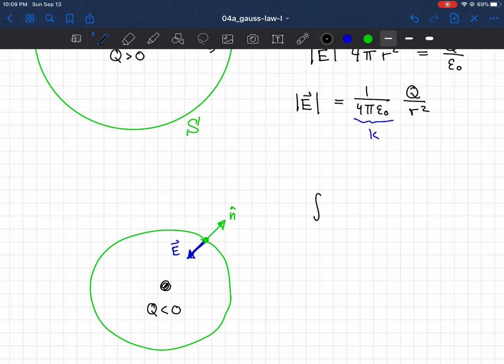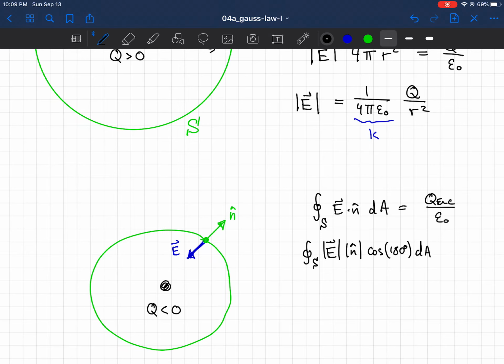So when I do the calculation again, I get that the integral of E dot n dA, which is equal to q enclosed over epsilon naught, becomes magnitude E, magnitude n, cosine of 180 degrees now. And q enclosed is again q. But now I'm left with a negative 1 inside of this integral.